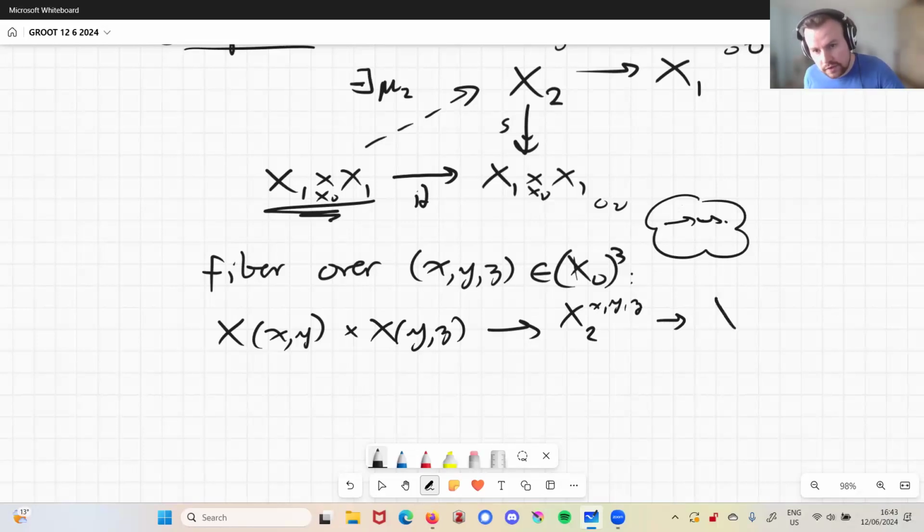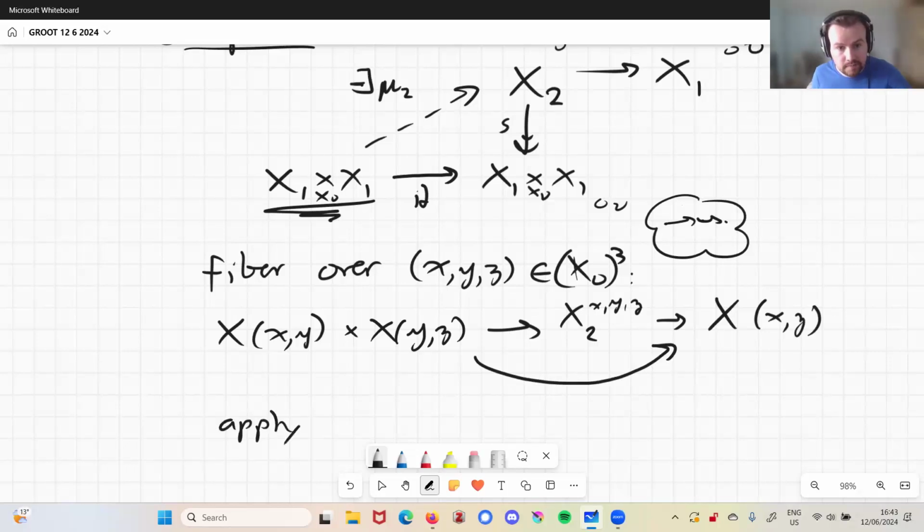And then we get this going to x1 of xz, right? And this is our composition operation after we apply pi 0, right? Pi 0 commutes with products. It doesn't commute with general limits, but it does commute with products. So we do get a map from hom of xy times hom of yz to hom of xz. That's exactly our composition operation.